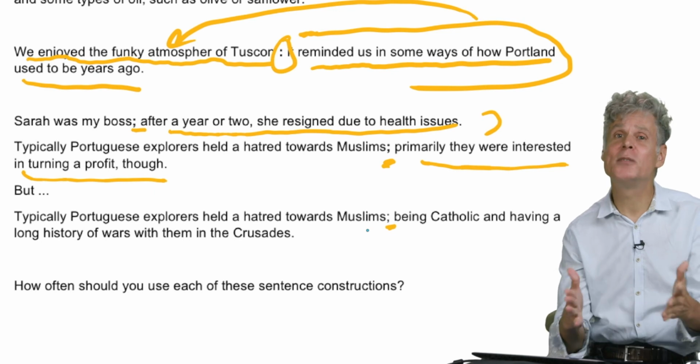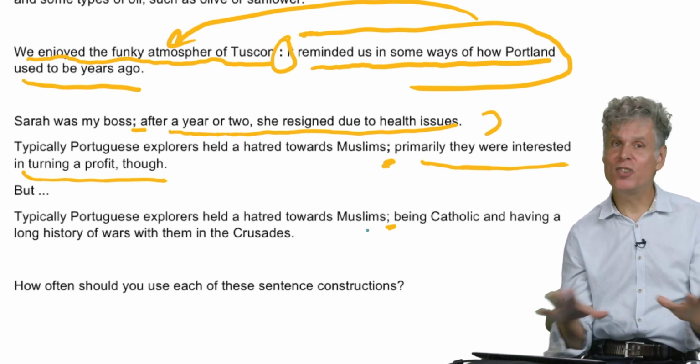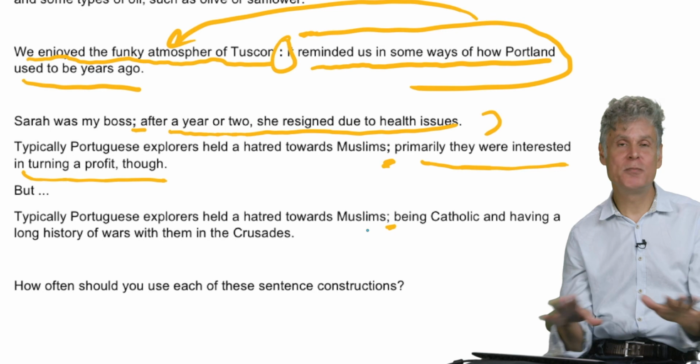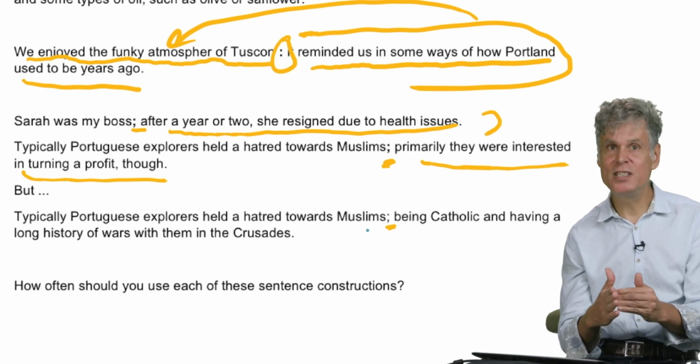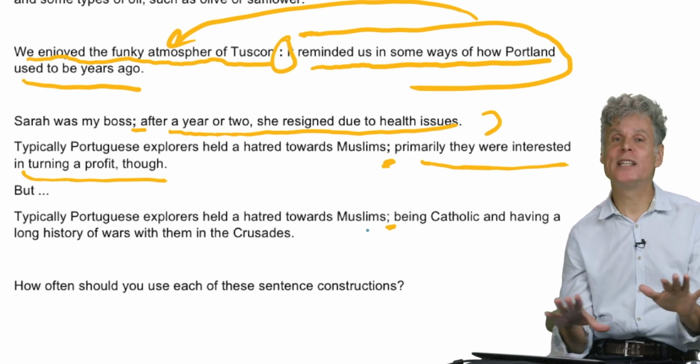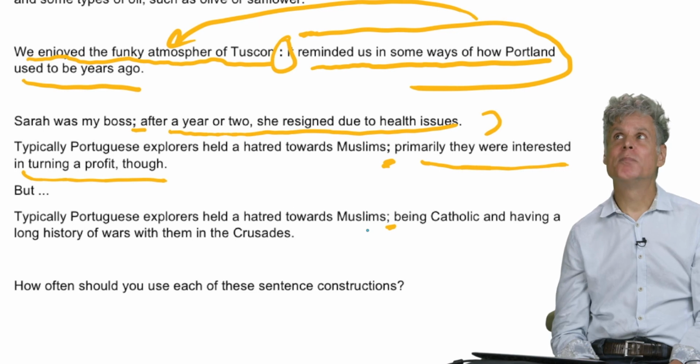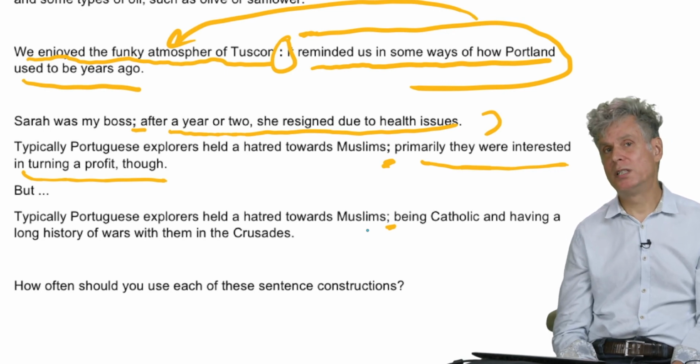But try using both, because I promise you, I don't see either one of these guys in your papers coming into Writing 15, they're absent. They're totally absent. And they're pieces of punctuation that people who know how to write use. Not all the time, but they know how to use them in a pinch.